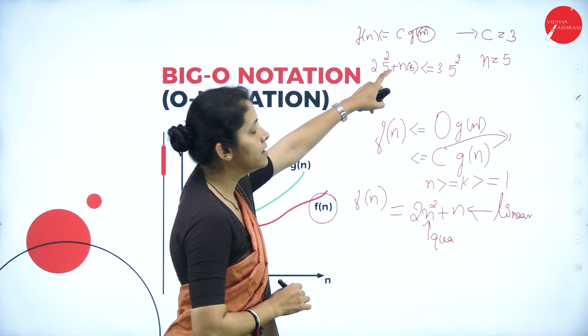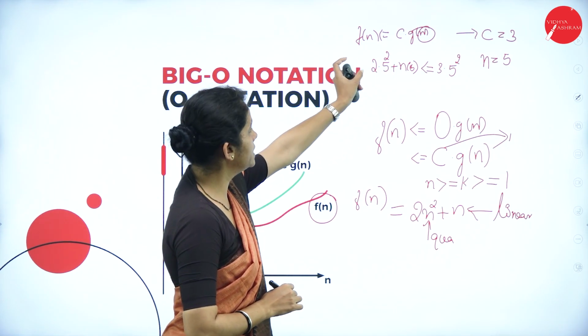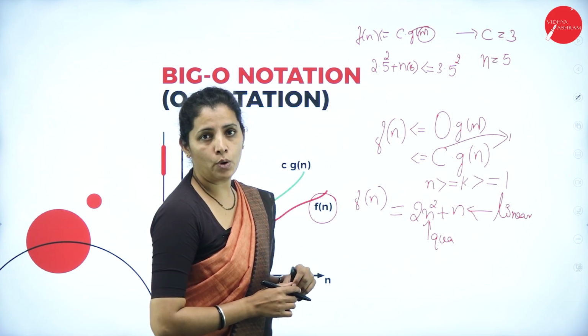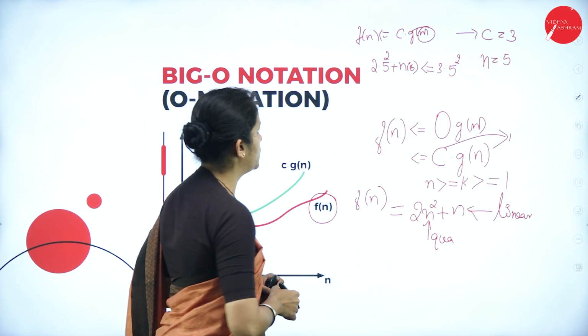If I take n, I'm not able to satisfy the condition, so instead of n, I'll take n square. I'll consider the quadratic equation.